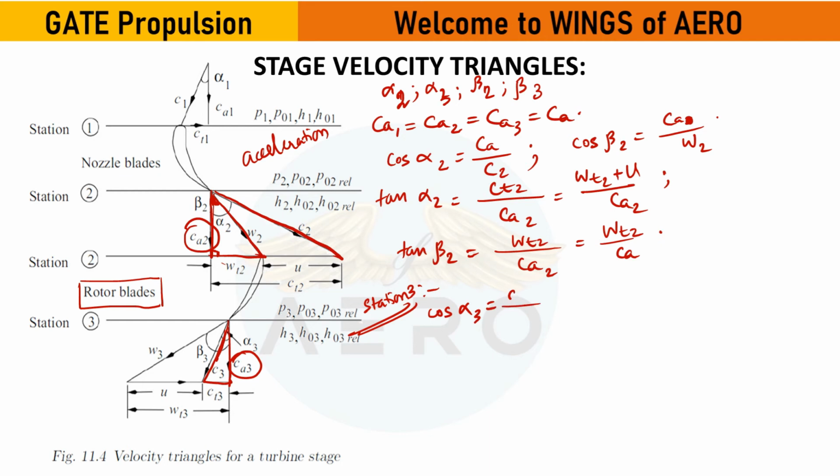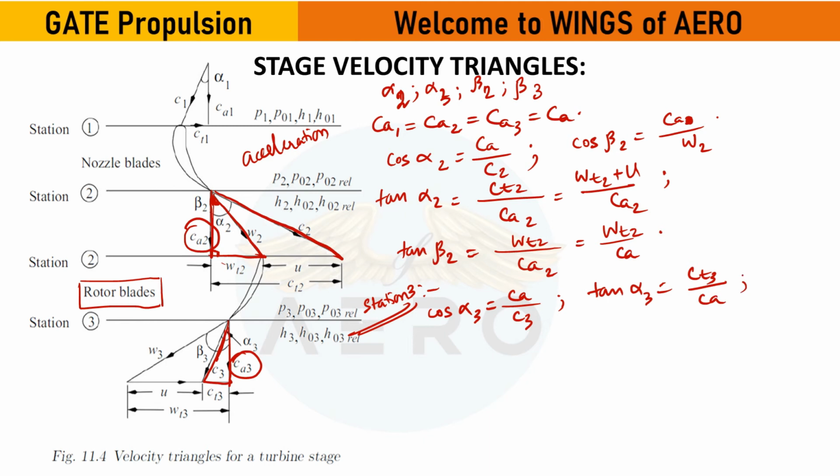What is the base? Ca, hypotenuse is C3, right? Then again I can take tan alpha 3, height by base, which is Ct3 by Ca.